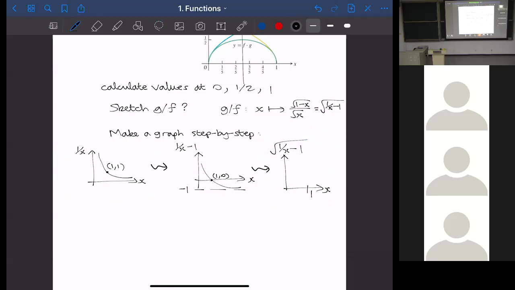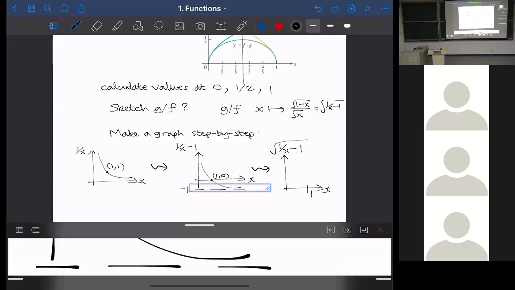So at x equals 1, we're just taking the square root of 0.